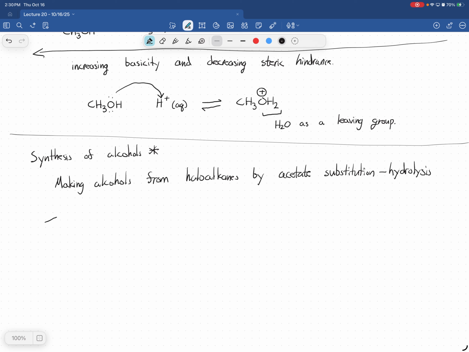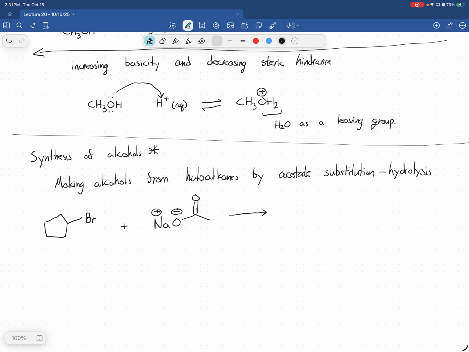So I have my alkyl halide, cyclopentyl bromide. I can react it with sodium acetate. That's my acetate. Remember, sodium has a positive charge, oxygen has a negative charge.